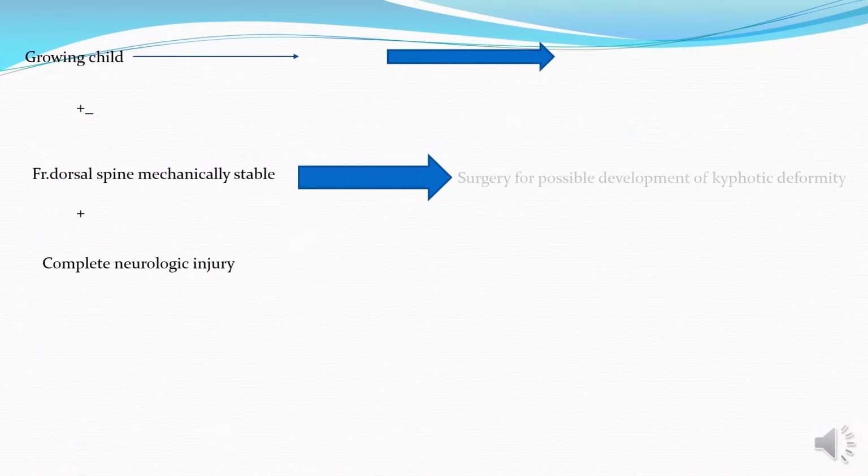For example, if we have a growing child with a fractured dorsal spine which is mechanically stable, and he has a complete neurological injury, surgery is a solution for such a child, because he has a possibility of growing and possible development of kyphotic deformity, while if the same injury occurs in an adult and it is mechanically stable with complete neurological injury, we may go for conservative treatment.